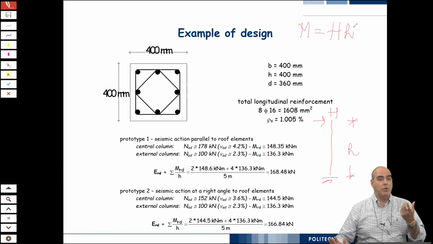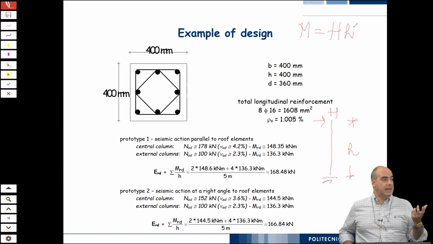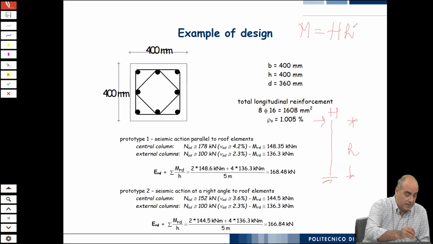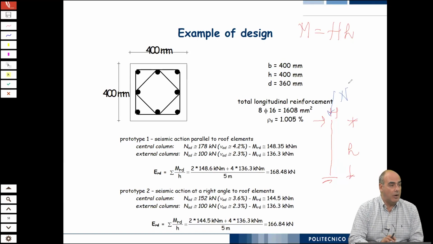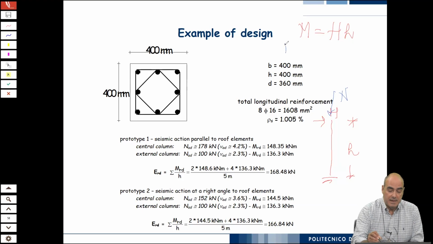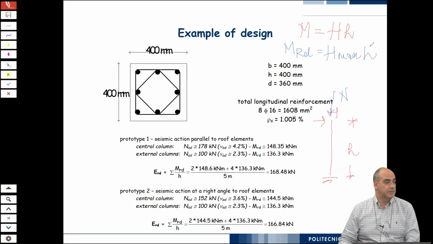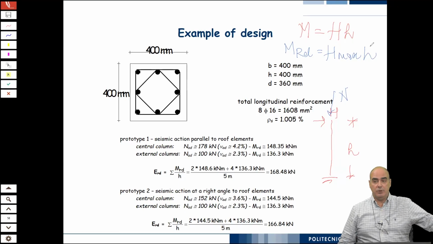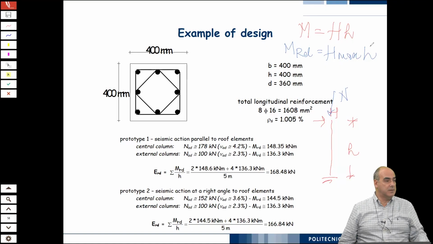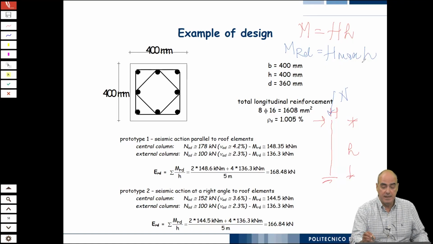What is the maximum value of the H force that I can have? There is the axial force as well. Well, the maximum value of the H force comes from this equation, when the moment at the bottom edge cross section reaches its maximum, that value corresponding to the maximum axial force. So simply, H max is MRD divided by H.